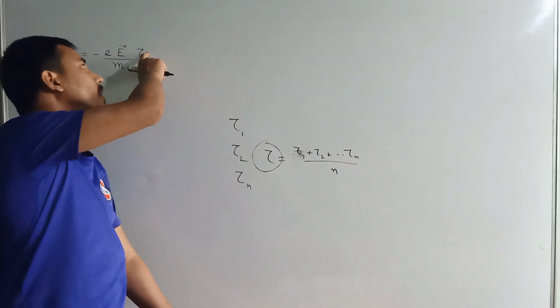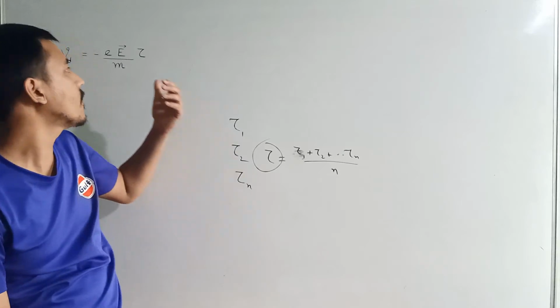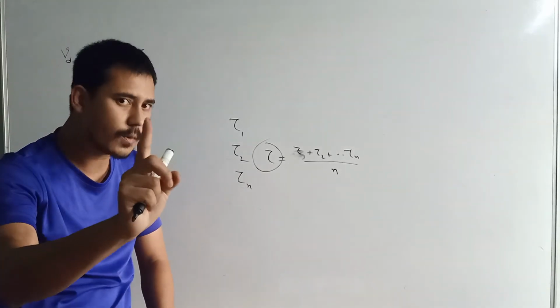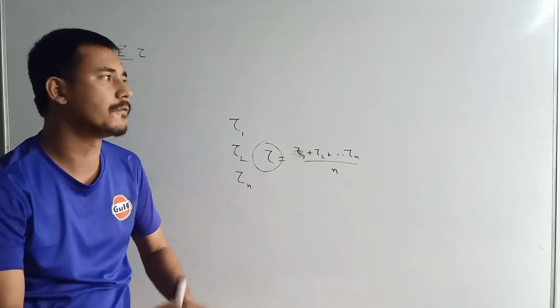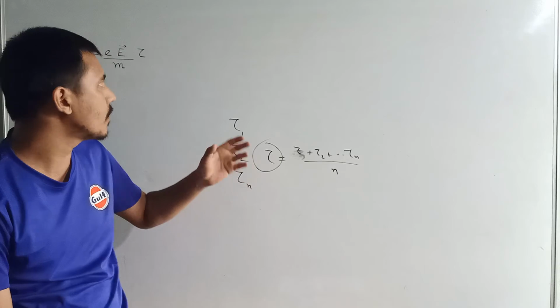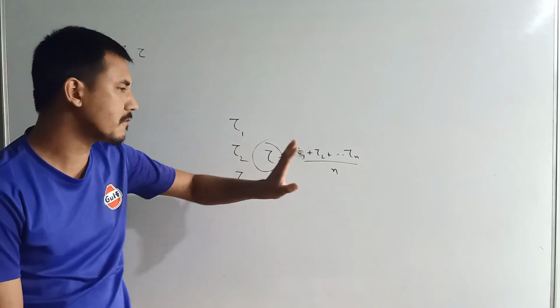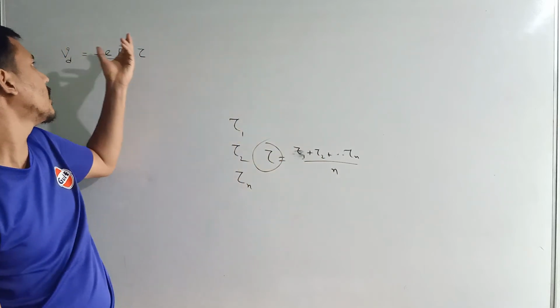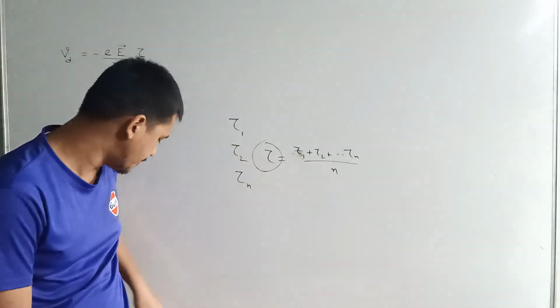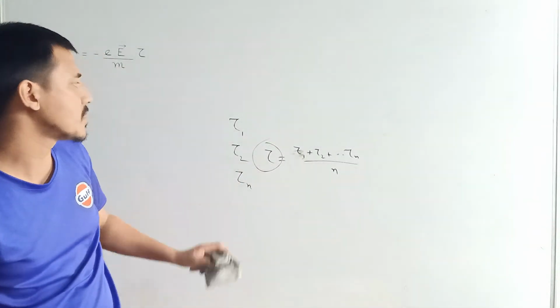So this tau is your average relaxation time. We have derived this relation for drift velocity in the part 1 video of this chapter, current electricity. If you have not seen that video, you have to first see how we get the expression of this drift velocity, and then we can use it to derive Ohm's law.